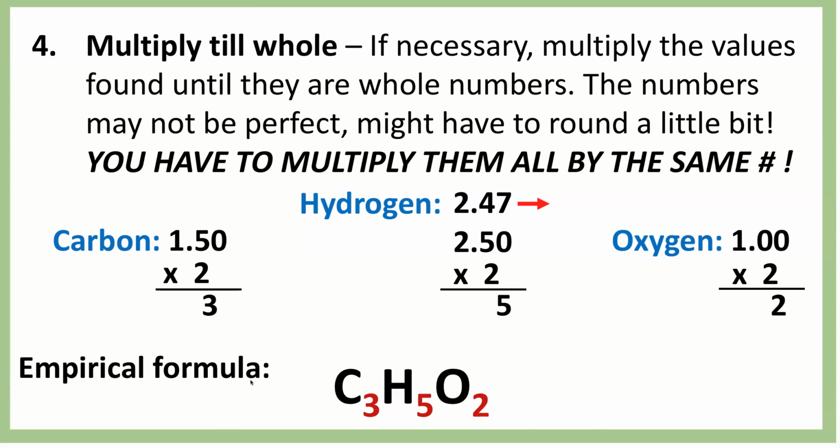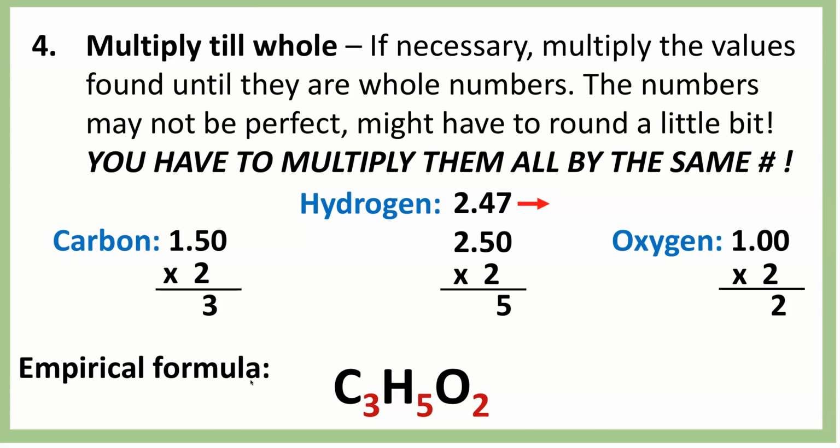All right, so something to add. The numbers are not always going to come out perfect. There's no set range on when you should multiply till whole or when you should just round. I can say for certain if you're plus or minus 0.1, you're just going to round to the whole number.